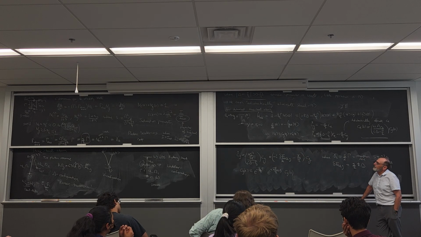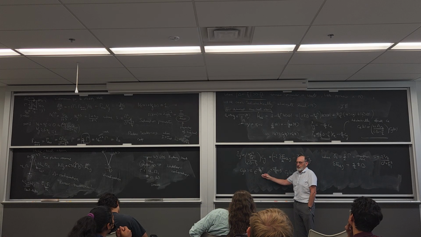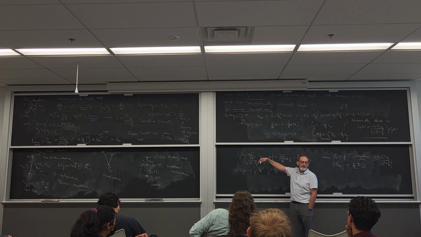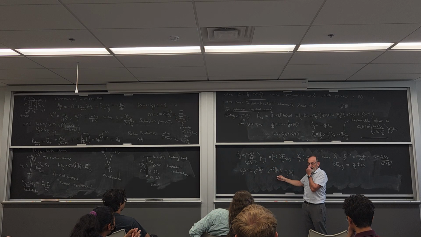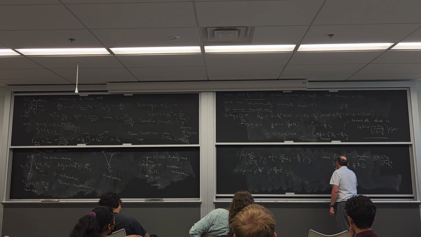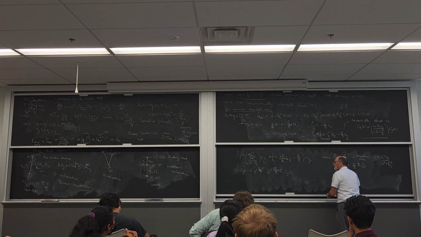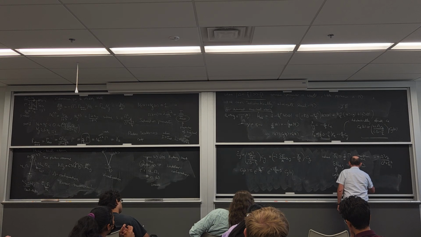So the amplitude in the ground state now decays. Why? Because light is being absorbed. So this is the rate at which population goes out of the ground state. But there's an extra phase. And that phase, this thing, is the light shift on the ground state.